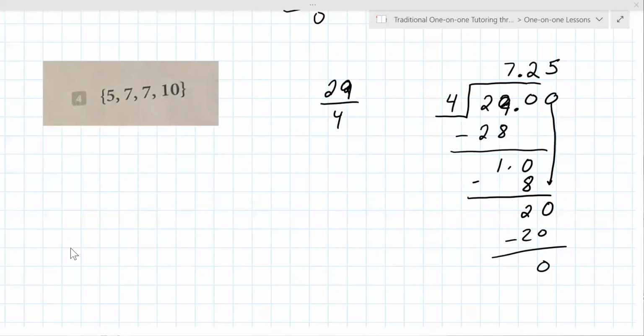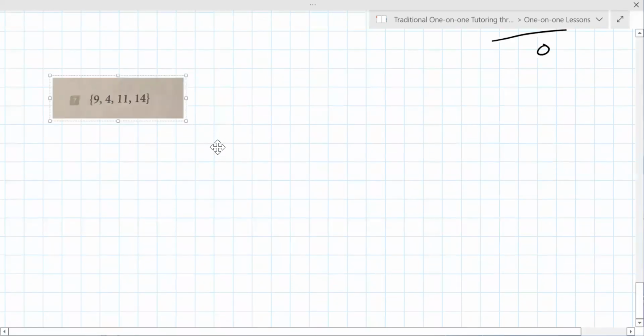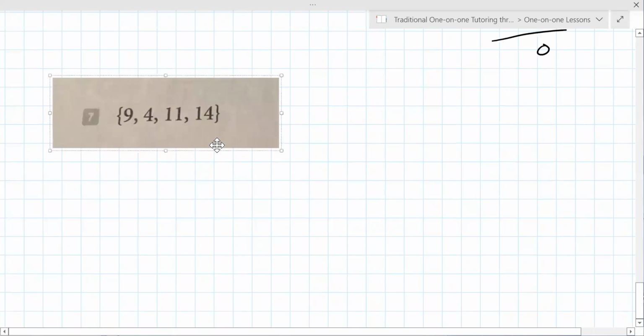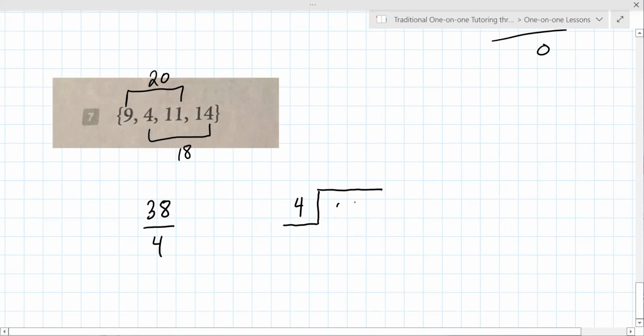11 plus 14 is 25 plus 4 is 29 plus 9 is 38. So it's 38 divided by 4. So again, you go to your division, and this ends up being 9.